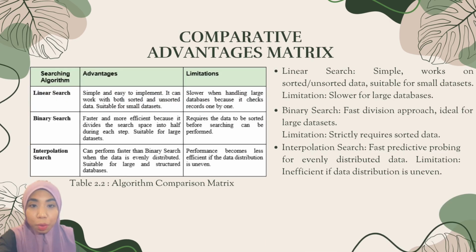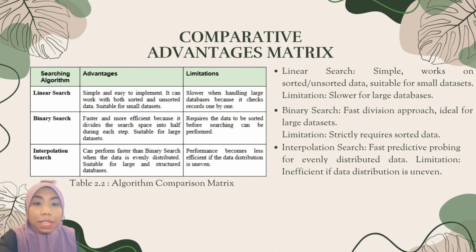So we move to my slide, which is comparative advantages. As consolidated in Table 2.2, each algorithm presents distinct operational trade-offs. Linear search serves as our baseline. It offers maximum structural flexibility since it operates on unsorted collections, but it scales poorly on large-scale databases.